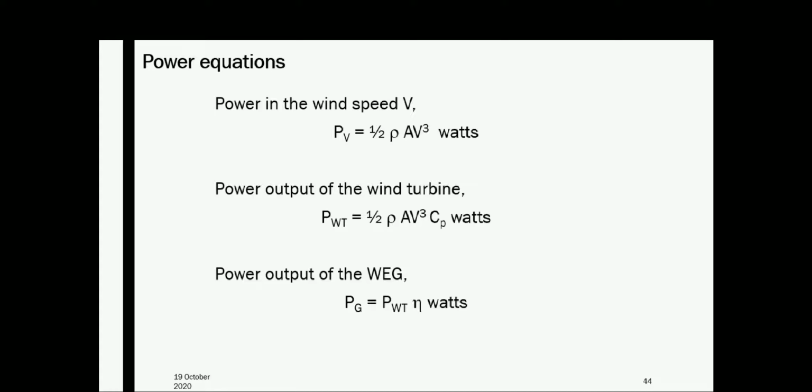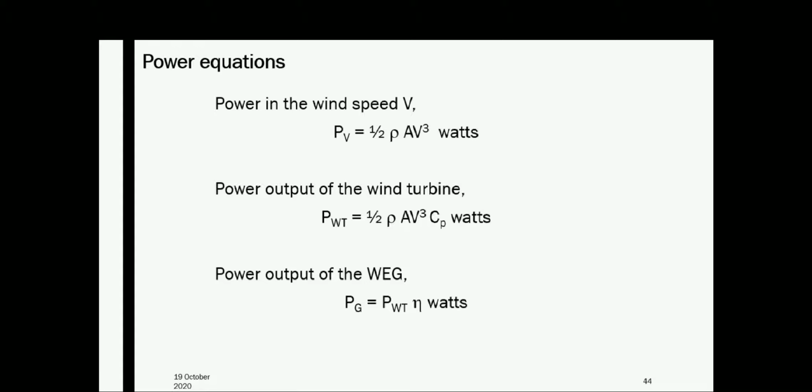In the first equation, the power in the wind is half rho A V cube, with no Cp term. When you multiply by the power coefficient Cp, you get the power output of the wind turbine, and when that is multiplied by the efficiency eta, you get the power output of the wind energy generator, P_g, which is P_WT into eta, in watts.